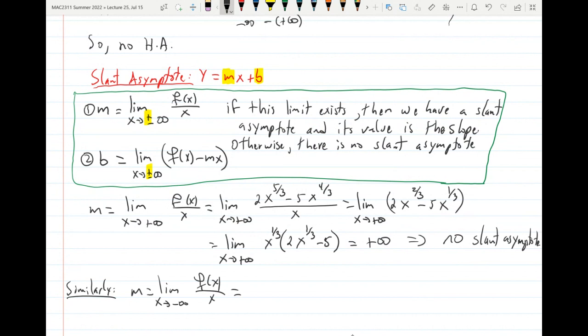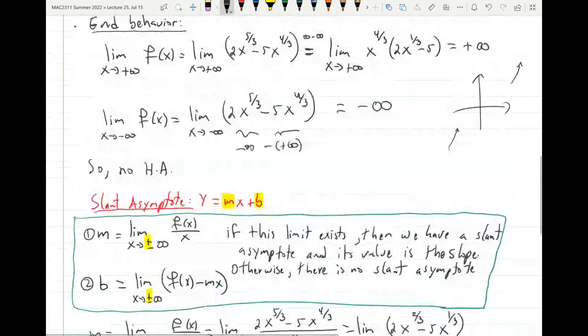It's exactly the same expression, so we factor, and we get exactly this same expression. And this time there's going to be negative infinity times a negative infinity, so we also get positive infinity. So no slant asymptote either in this direction. Okay, so our function doesn't have a slant asymptote, so we move on.